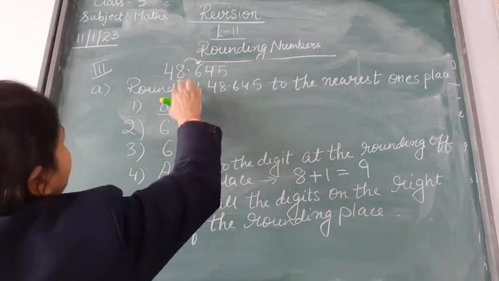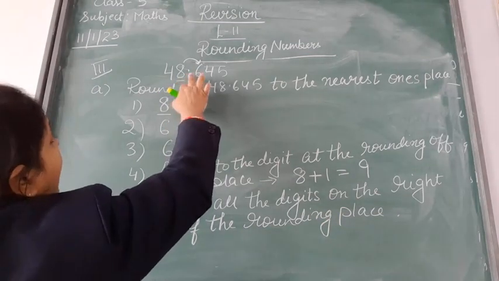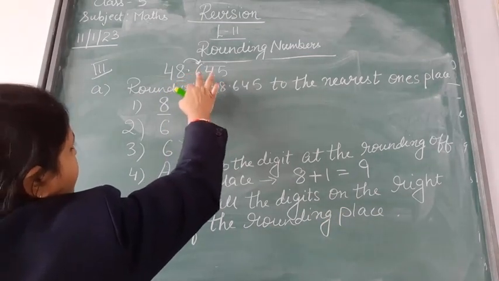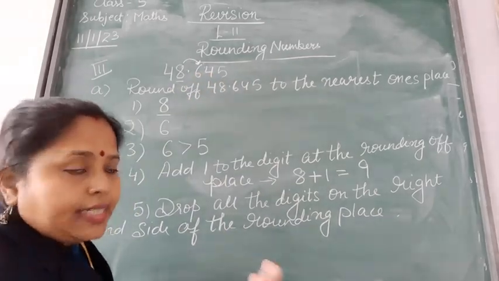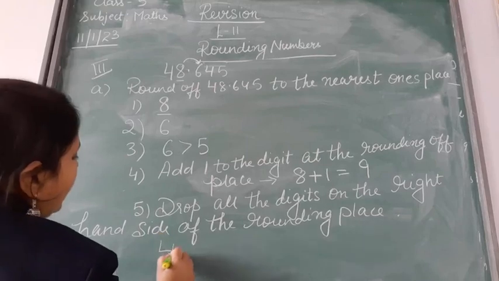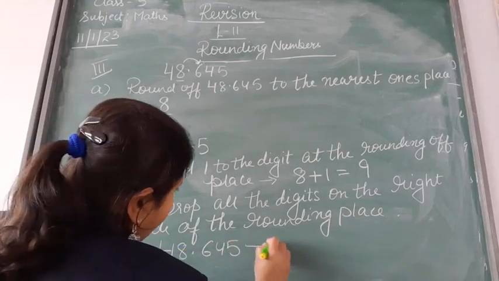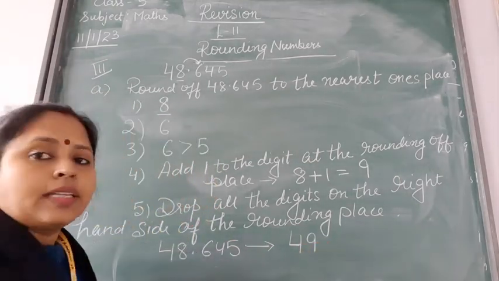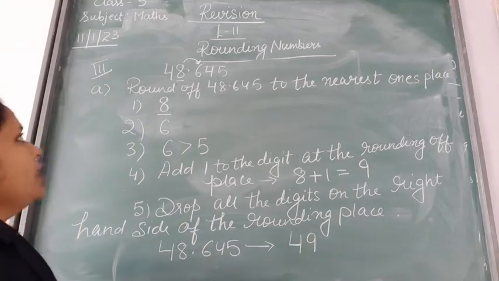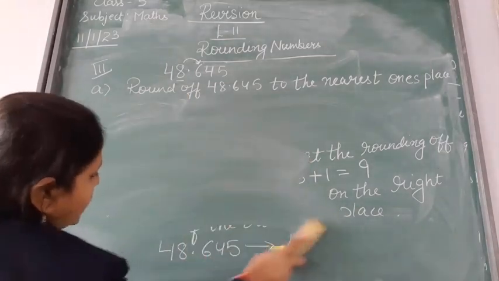So this is our rounding off place. Ones place is our rounding off place, and whatever the digits are, 6, 4, 5, we will drop them. That is, we will not write these digits. So when I round off 48.645 to the nearest ones place, it will become 49. Right? Now children, let's do another question, B part of this question.